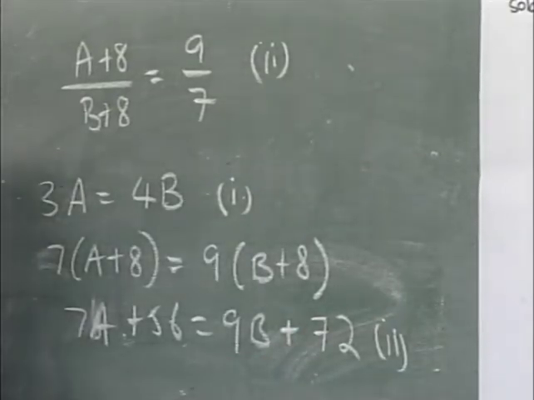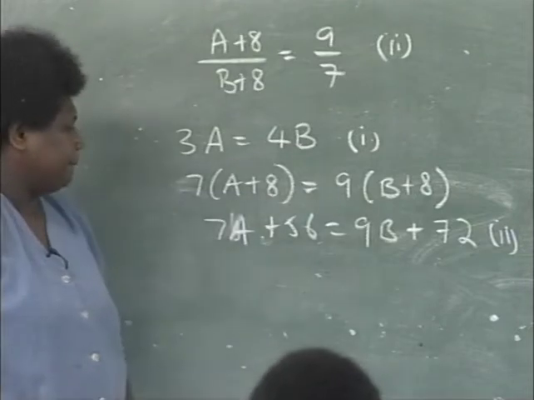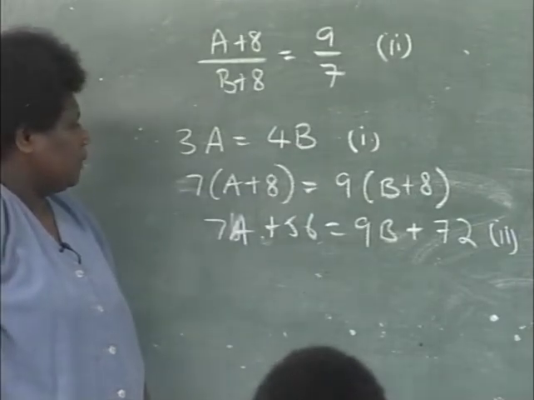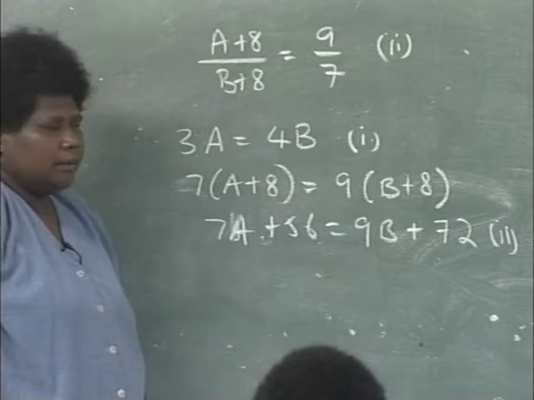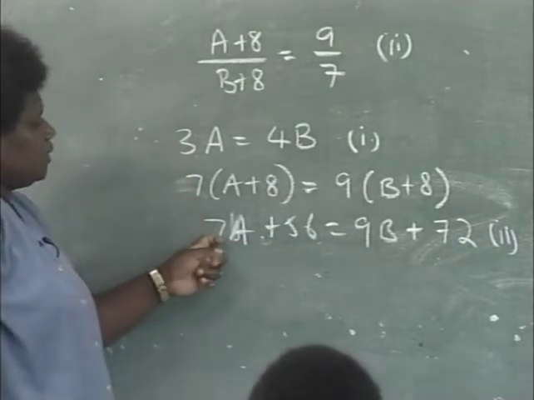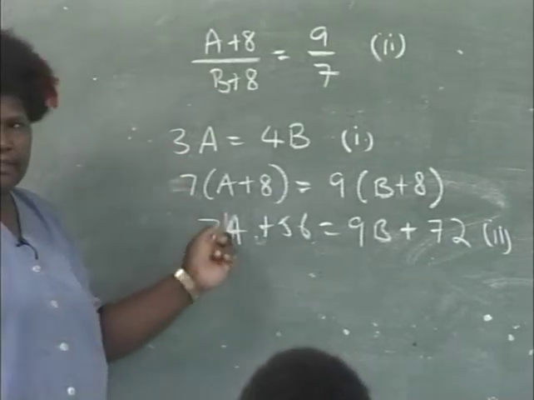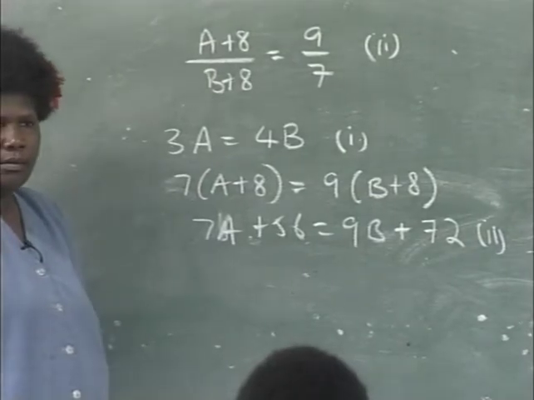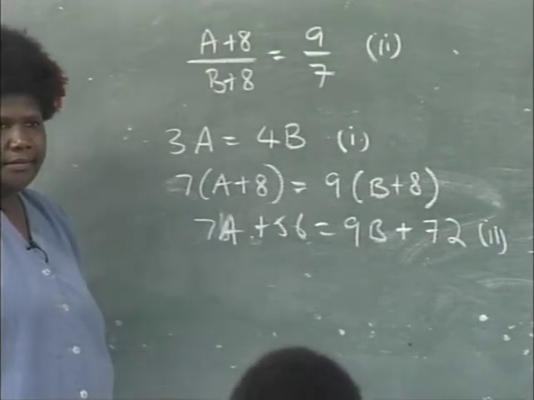How can I solve? Do I use substitution or elimination? Andrew, what do you think? I've got two equations here, 3A equals 4B and 7A plus 56 equals 9B plus 72. Substitution, okay.